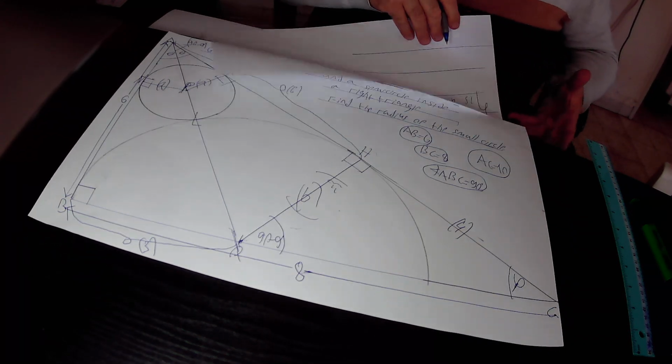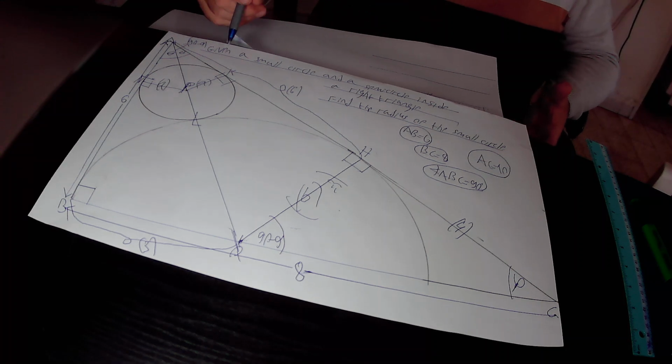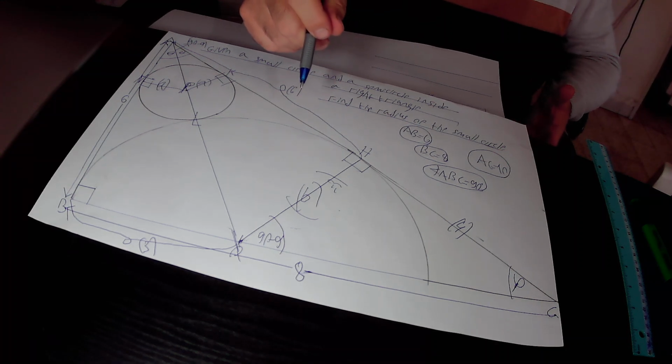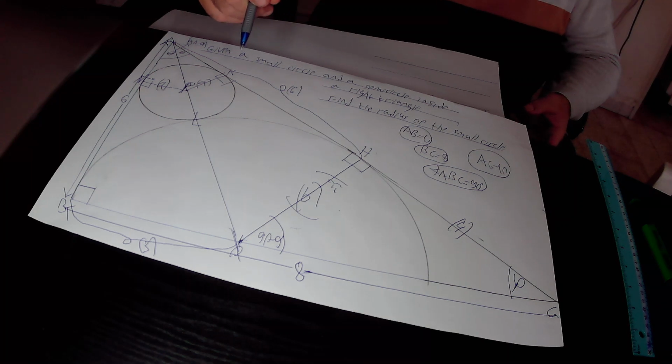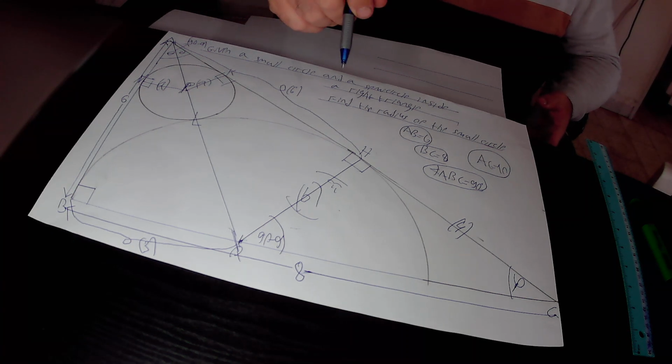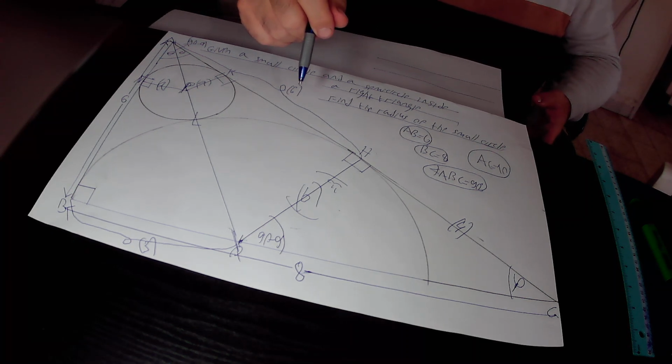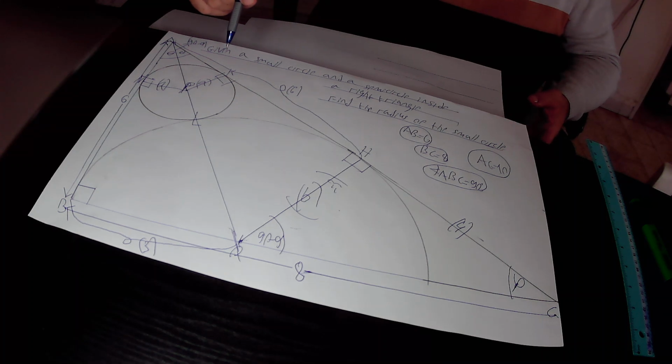And we found out that all 3 points A, P, and Q pass through the angle bisector of angle A. So therefore all the 3 points A, P, and Q are located on the same straight line, that is the angle bisector of angle A.